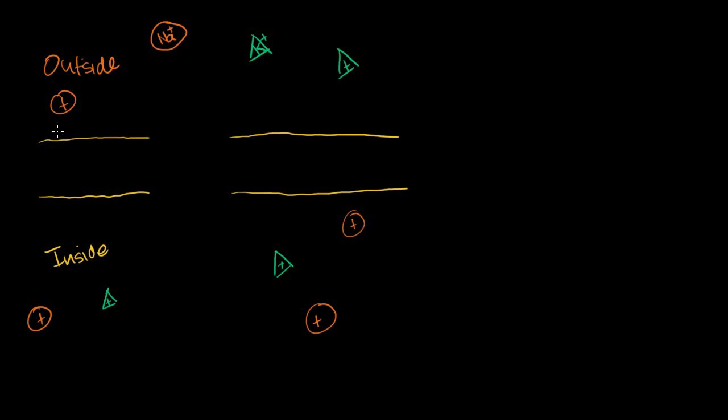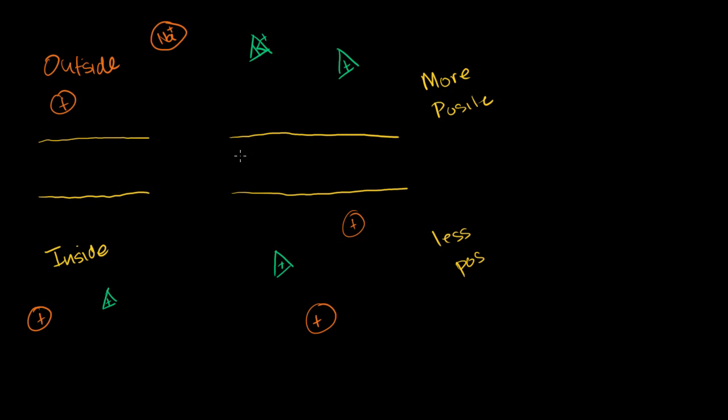Now, it turns out that cells have more positive charge outside of their membranes than inside of their membranes. That there's actually a potential difference. That if the membrane wasn't there, negative charges would want to escape, or positive ions would want to get in. So let me write this down. The outside ends up being more positive, and we're going to talk about why. More positive, and we could say less positive.